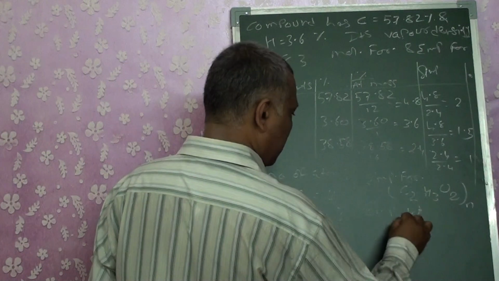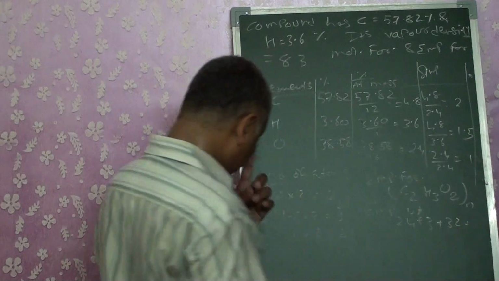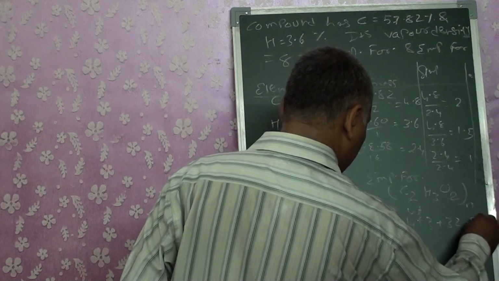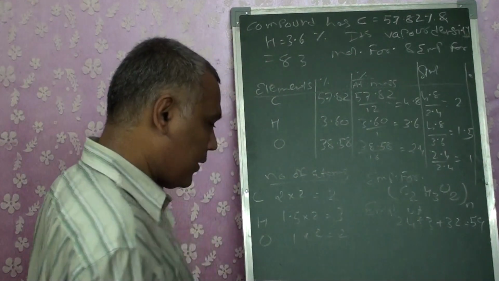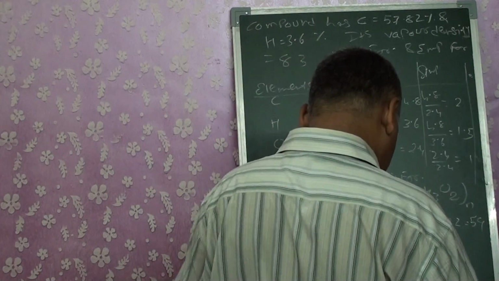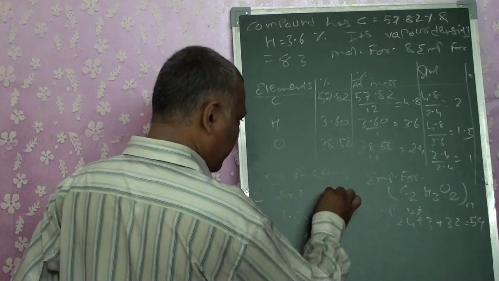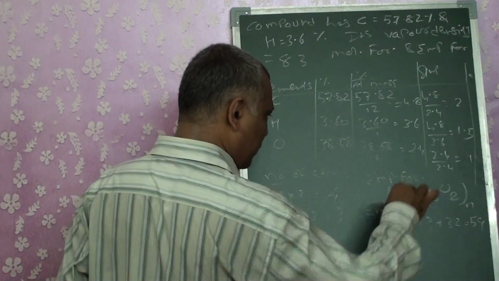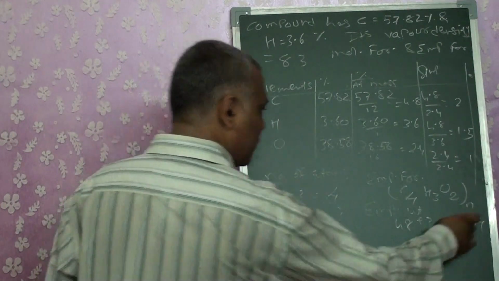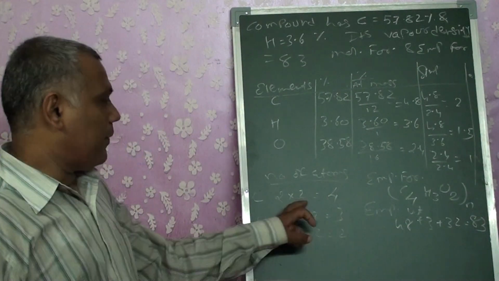What will you get? 24 plus 3 plus 32, that means you are going to get 59. Sorry, we made a mistake. We will have here 4, so this one will become 4. So 12 fours are 48, so here we are going to get 83. Sorry, I made an error.